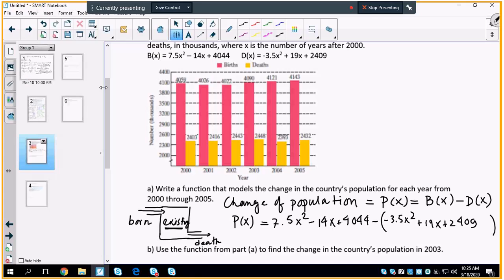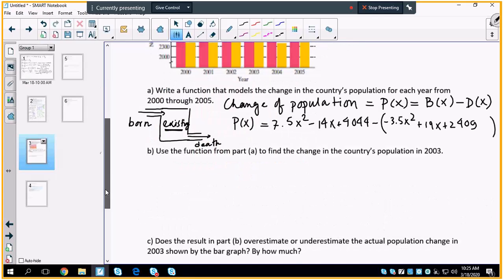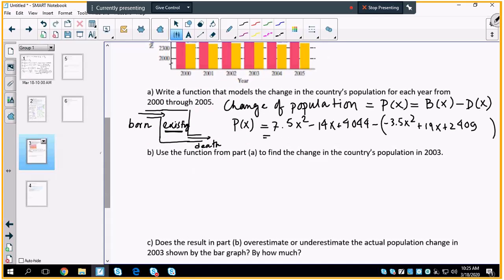So let's simplify this quantity, which will give us the explicit form for the change in population of the country. So it's 7.5x squared minus 14x plus 4044, and then you start distributing. So see, minus times minus will give you a plus 3.5x squared, then minus 19x, and finally it will give you a minus 2409.